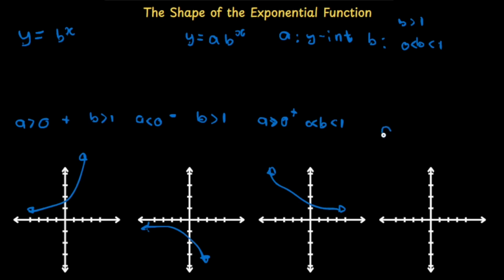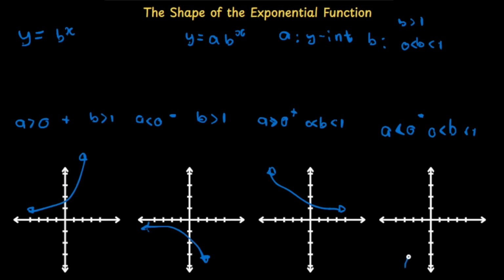When a is less than 0, meaning it is negative, and b is less than 1 but greater than 0, we would get a function that lies below the x-axis, below the asymptote, but this function would now be increasing.